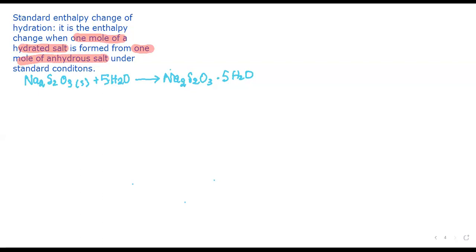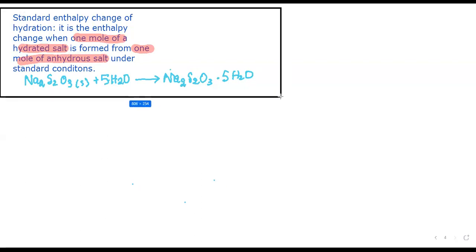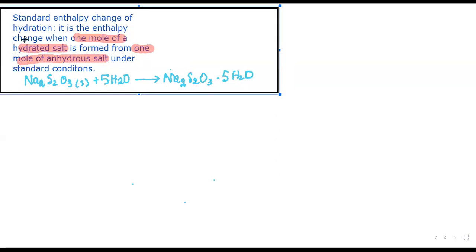Now, if we continue discussing the topic, another important definition that we have to go over is, okay, so these are the different definitions that you have to remember.